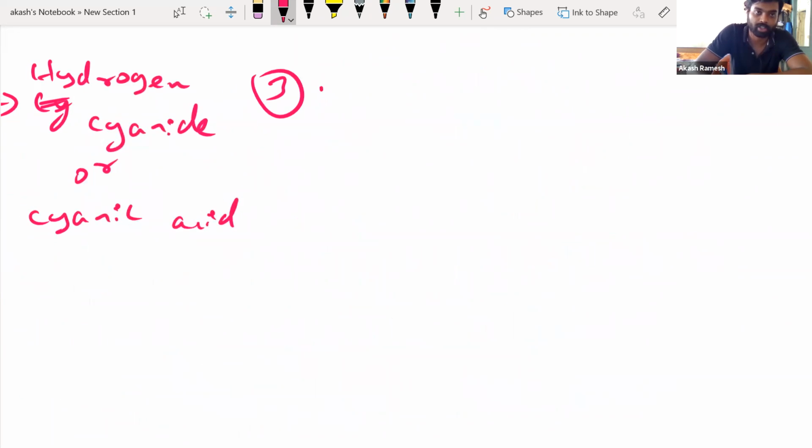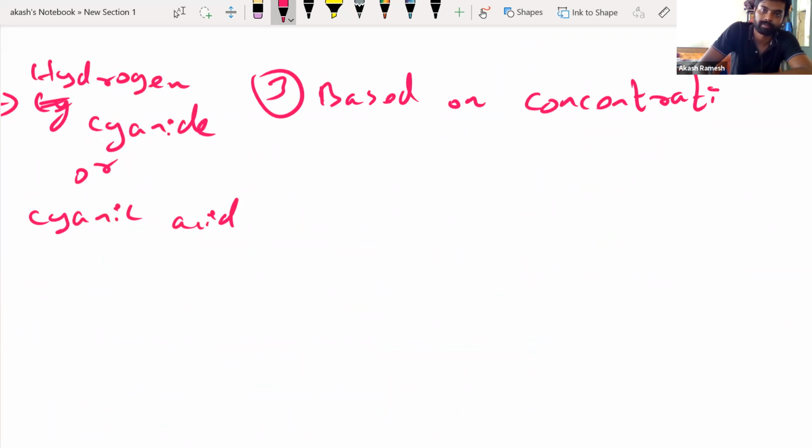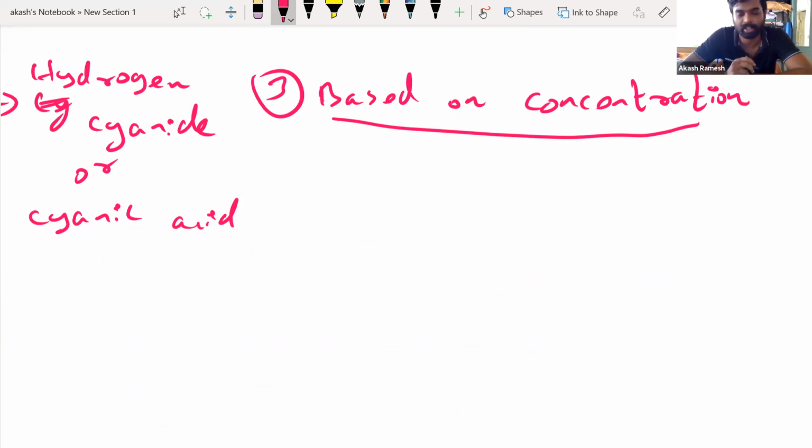Third classification. The third classification is based on concentration. First we have to understand what we mean by this term concentration. I think the classification is very simple.